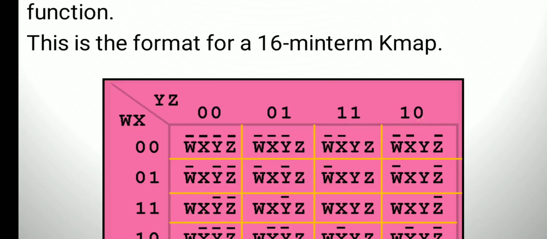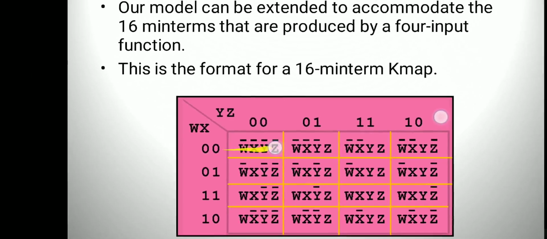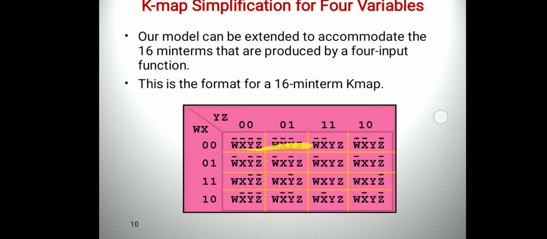Whereas in a first row wx is equal to 00. Means we put the value in a first row where wx is 00 but yz changes from 00 to 10. In second row wx is 01 and yz changes its variables. Like that we can put the output of the truth table for the given inputs in each cell.